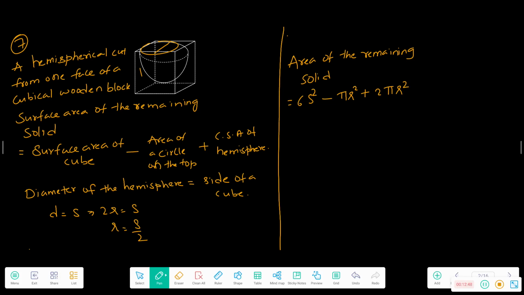So 2 pi r square minus pi r square is pi r square. Here r value is s by 2, let me substitute that one.